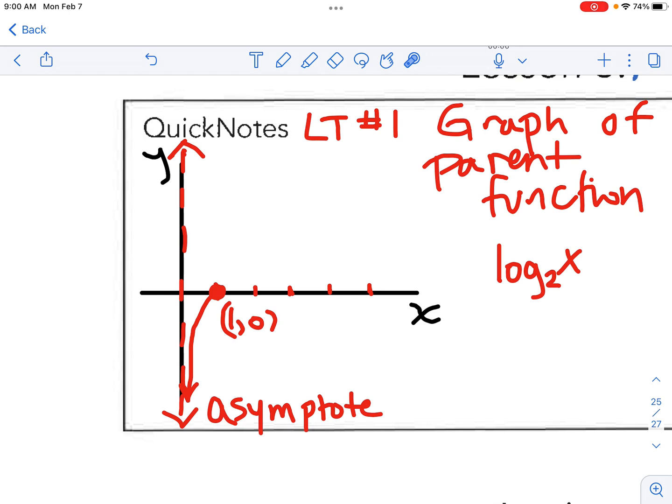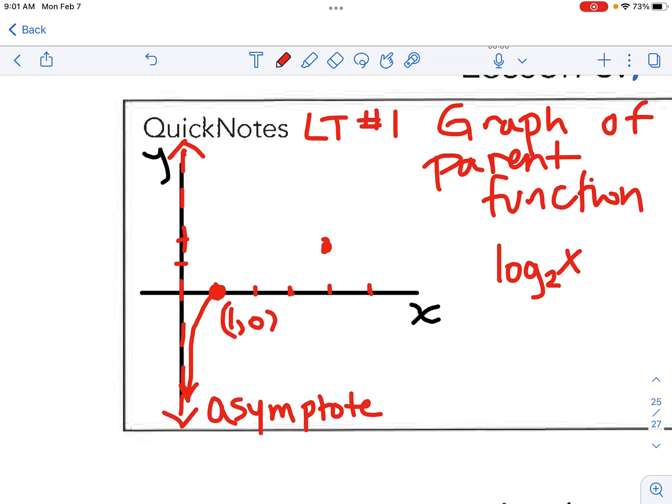So if we're talking about log base 2 of x, then 1, 2, 3, 4, the second power of 2 is 4.